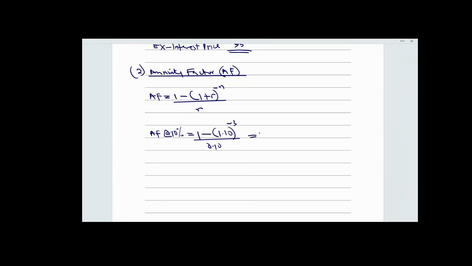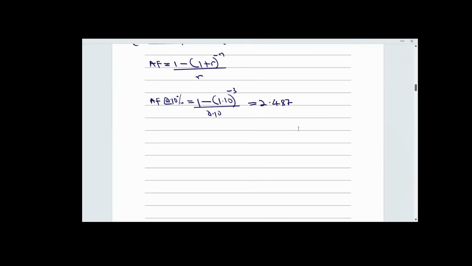So this will give us 2.487. From your calculator, you start from the parentheses, 1.10 raised to power minus 3 equal, then minus 1 equal, divided by 0.1 equal, you are going to get 2.487. So that's the annuity factor.